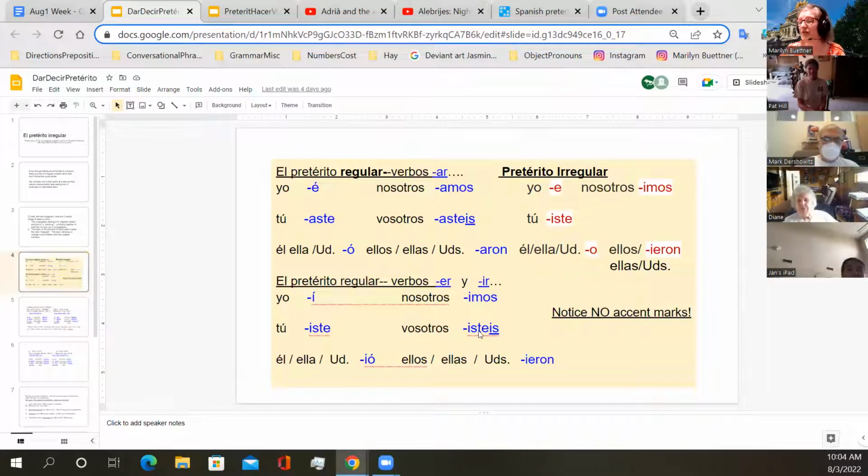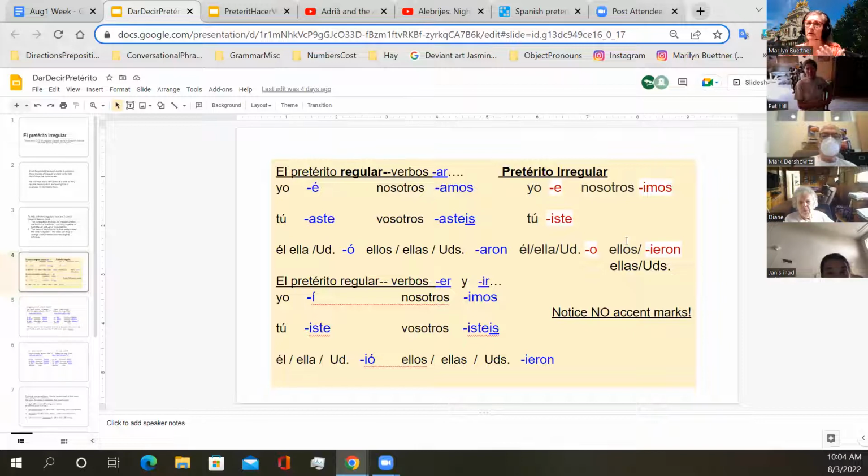All of the blue shows you the conjugation endings we use for regular preterit. In regular preterit, we divide it into regular AR endings, and then regular ER-IR endings. For irregular preterit, it will not matter if the verb is AR, ER, IR.